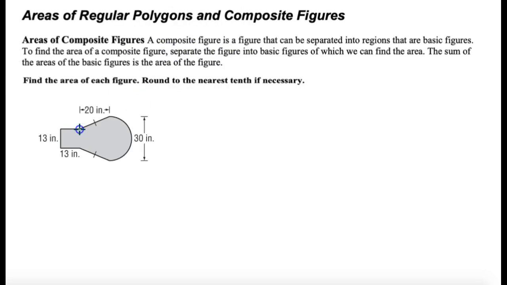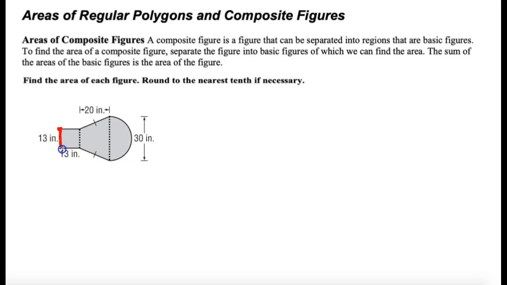It looks like we can split up right here, so I'll have a square up here that I can find the area of. And then I can also split right here. So what we end up with is a square, a trapezoid, and half of a circle. Let's find the area of all 3 of those pieces and add them up.